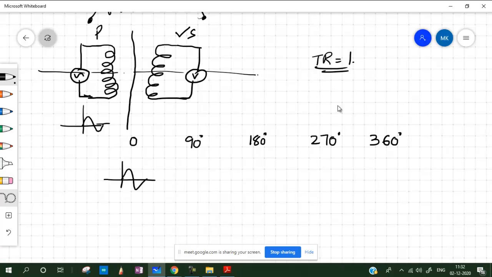Now if we rotate this by 90 degrees, the least amount of flux lines mix with this, and mutual induction would reduce the output to almost zero. Similarly, if we rotate it to 180 degrees, this means it is going upside down. We have the same signal, but it will now be phase shifted.